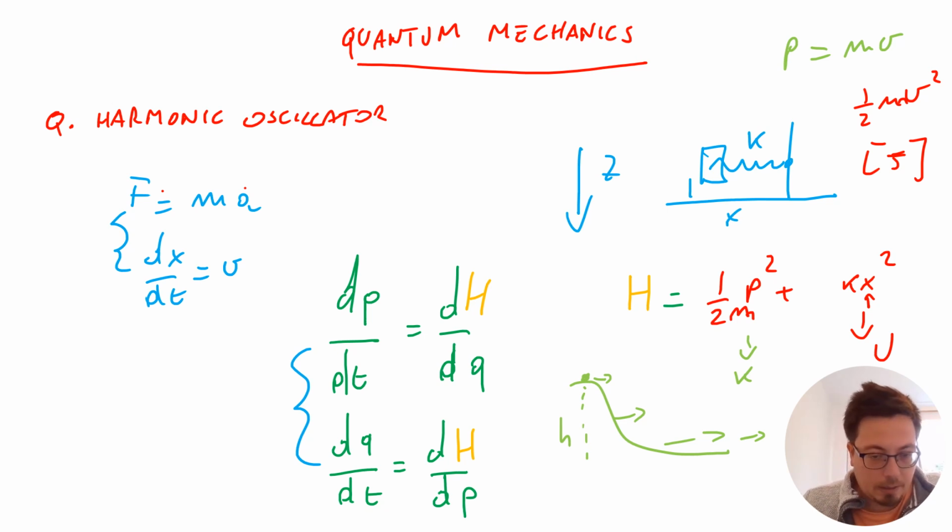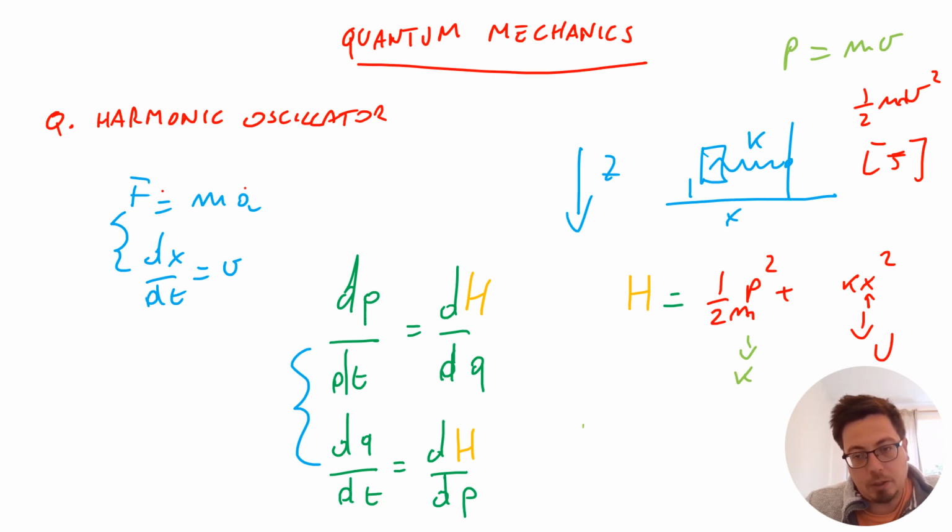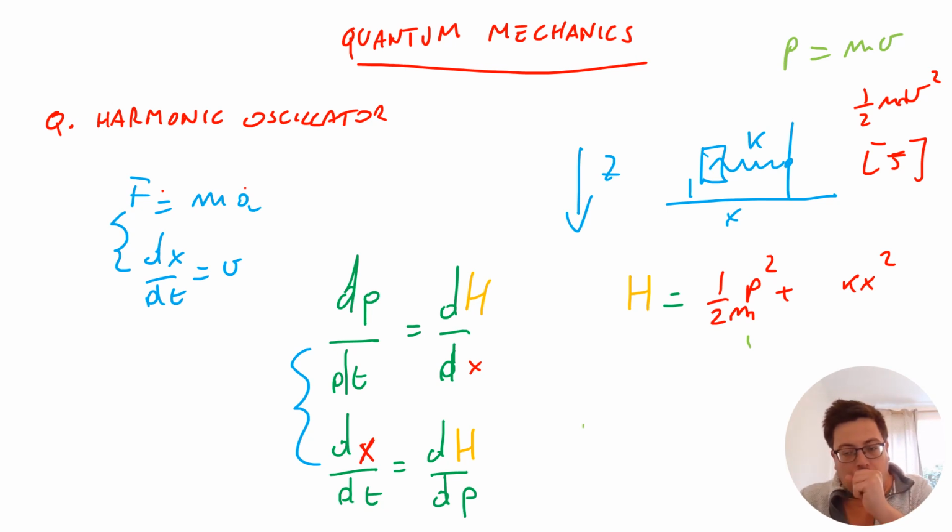But apart from the definition, we can see that if we define this function H, which is this, and q is x in this case, because it's the position. It could be generalized to angles or other variables, but in this case it is position. So the first one, we know how to do derivatives.